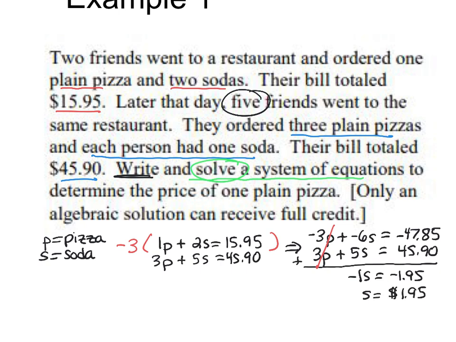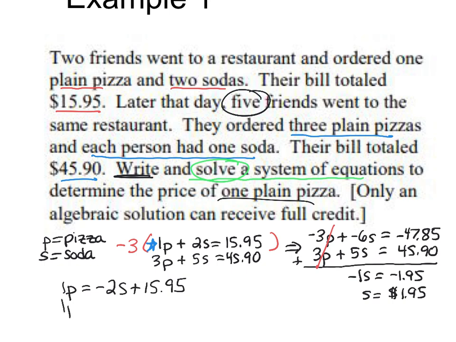Well, they said, what is the price of 1 plain pizza? So now I can pick either equation to plug back in. So I'm going to go up to the first one, I'll star it, and I'm going to plug in what I found for soda. So 1 pizza, and I'm actually going to go ahead and solve for pizza. 1 pizza is equal to -2s plus $15.95, just so it's all isolated.